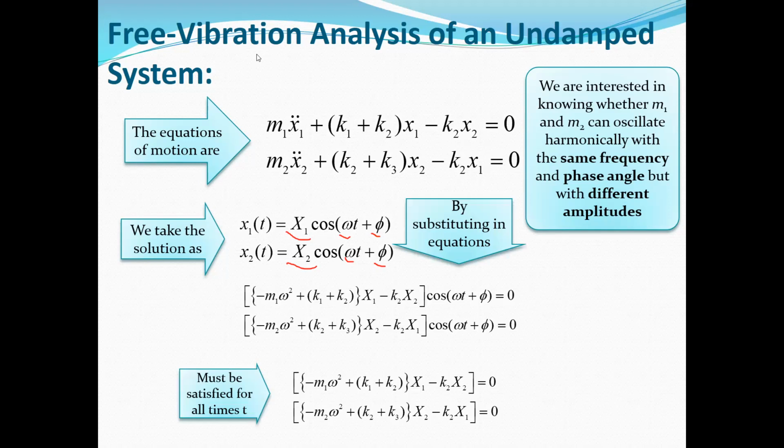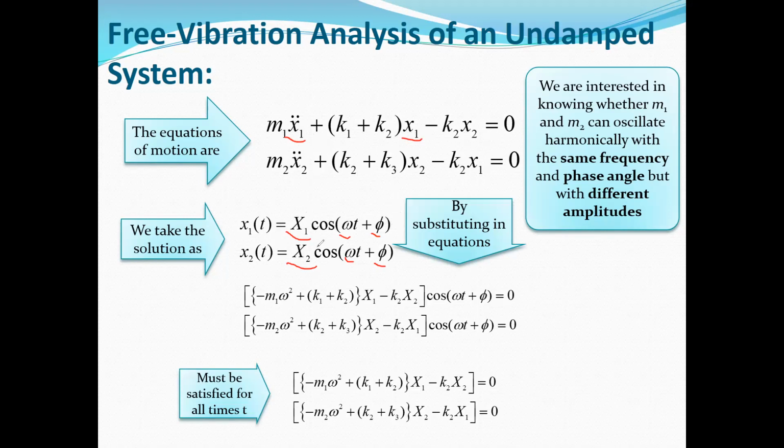So for this purpose, we need to substitute the responses in the main equation, similar to the SDOF system. Here, instead of x1, we substitute X1 cosine(omega t plus phi). You know that the second derivative of x1 will be minus omega squared X1 cosine(omega t plus phi).